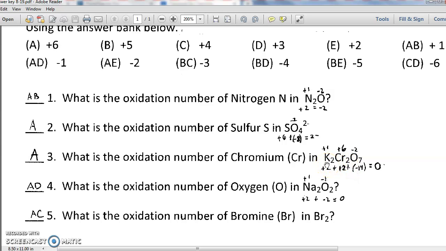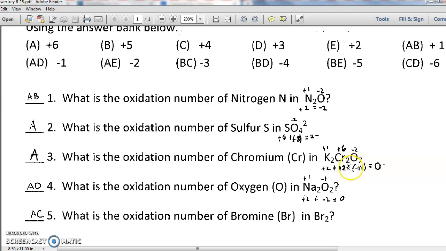If you remember, the alkali metals, other than hydrogen, always get a +1. It's the only thing they can be. We have 2 potassiums at +1, so their total's +2. Overall, potassium dichromate is neutral. The potassium cations offset the dichromate polyatomic anion.